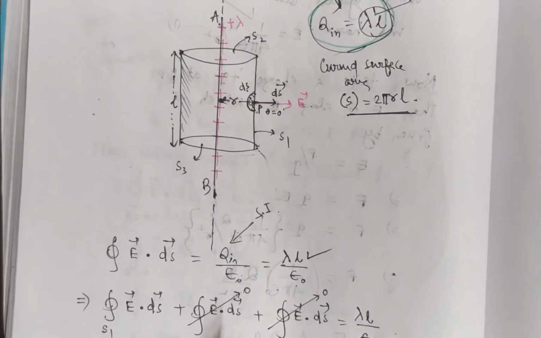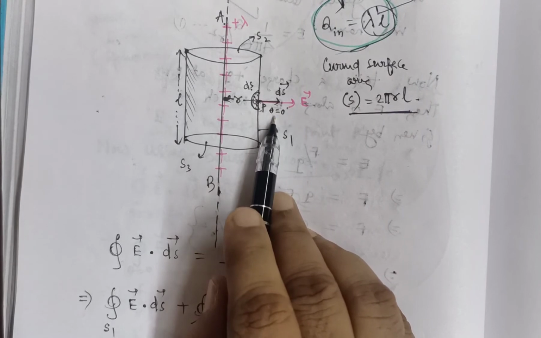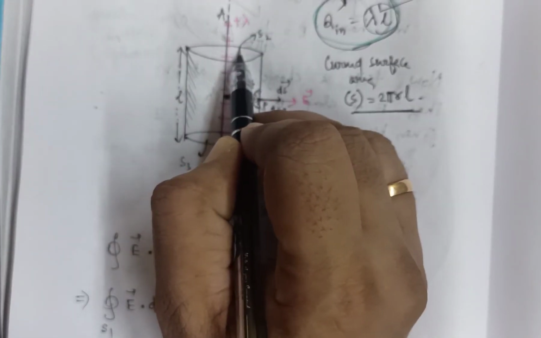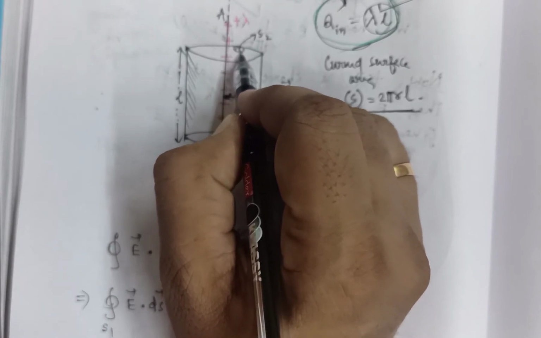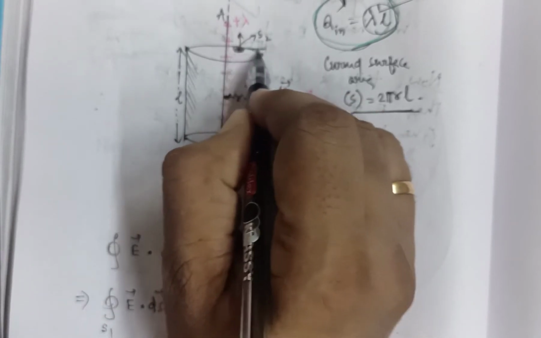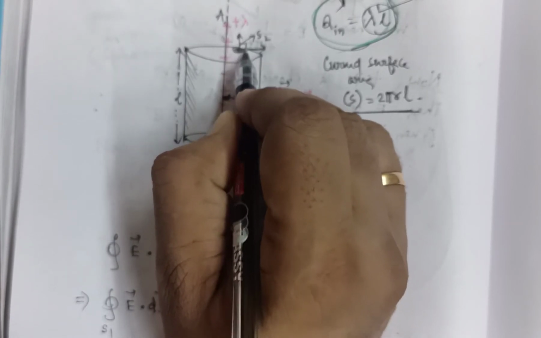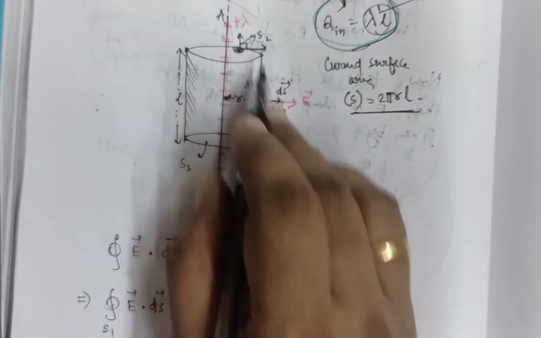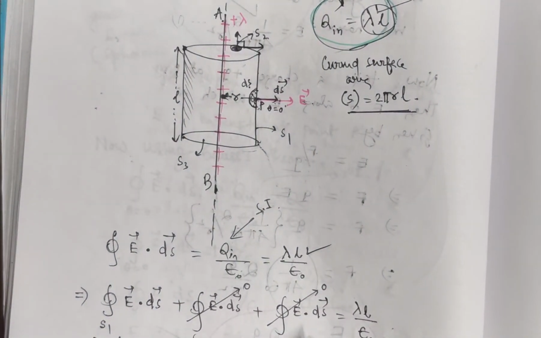Here you see at the surface S1, theta must be 0. If you choose the point P here, then the ds vector will be outward here, and the intensity vector is here. So the angle should be 90 degrees. So for surface S2, theta will be 90 degrees.